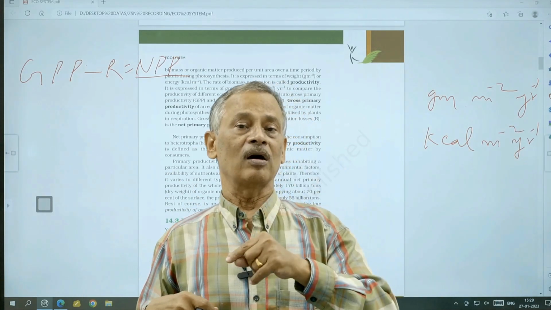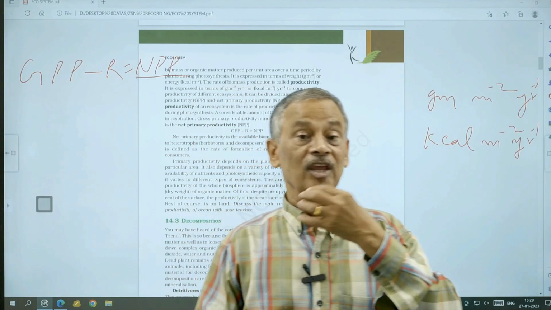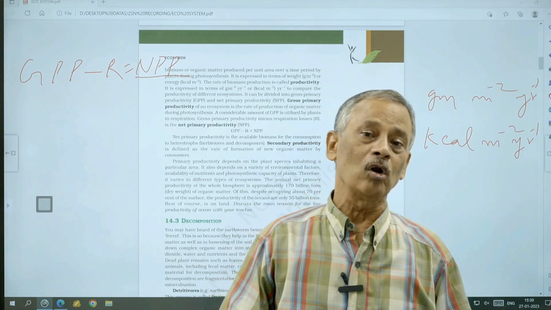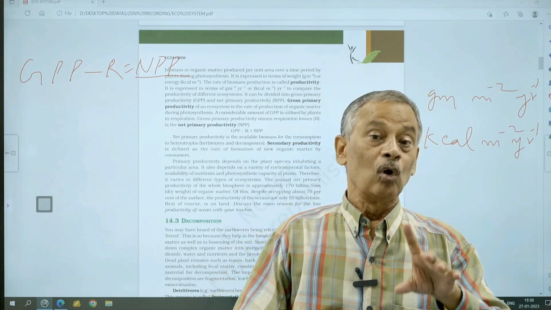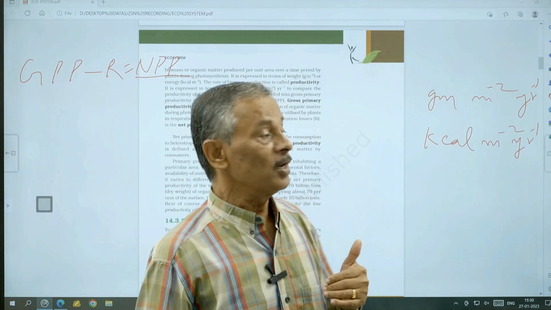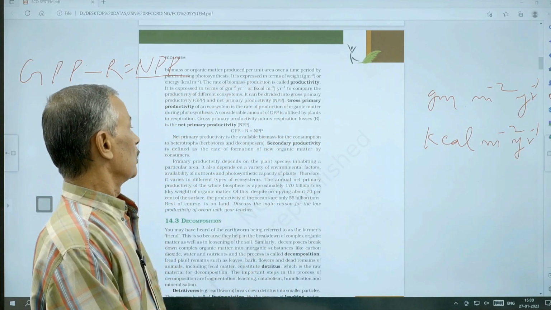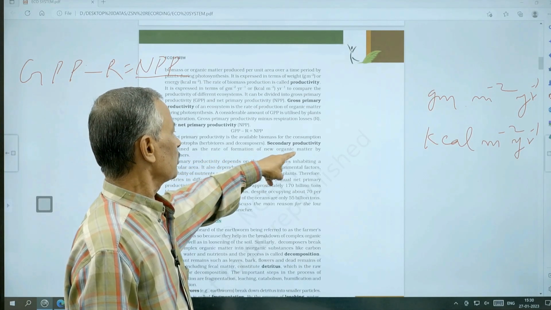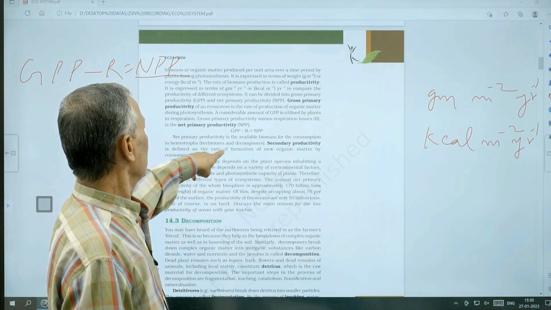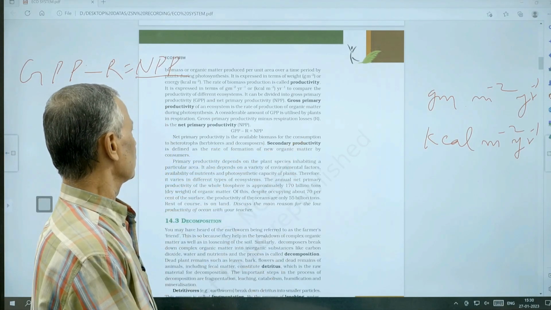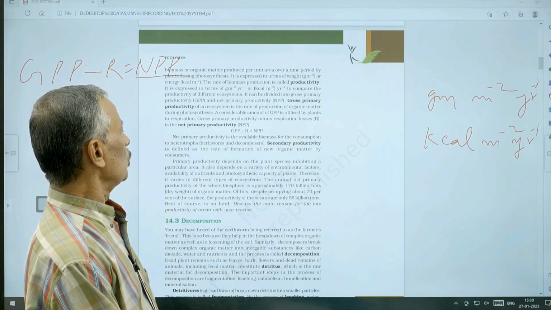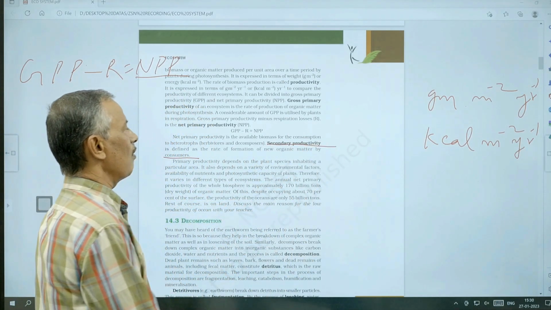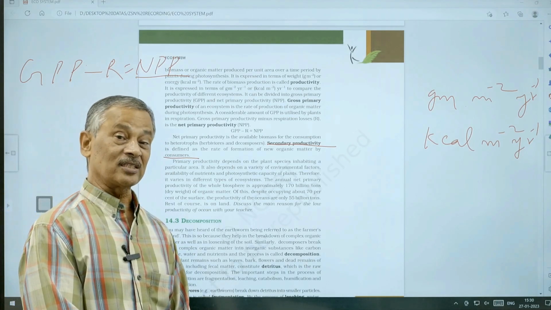That biomass that we are producing is by eating the biomass that is stored by the plants. So the consumers are producing organic matter. That organic matter production is called secondary productivity. The rate of formation of new organic matter by consumers is called secondary productivity.